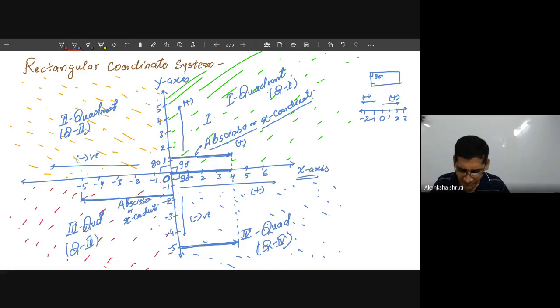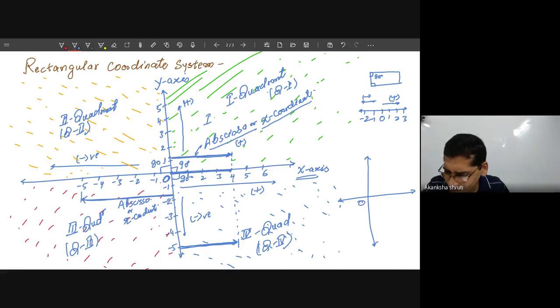Another one is the distance that can be measured along the y-axis from the x-axis. Let me draw another small coordinate system inside.